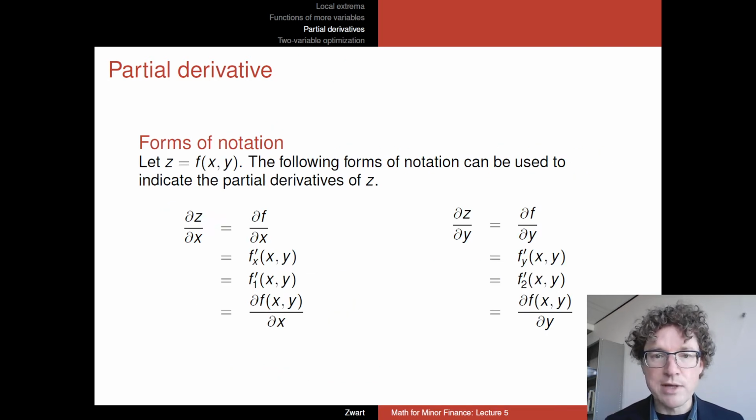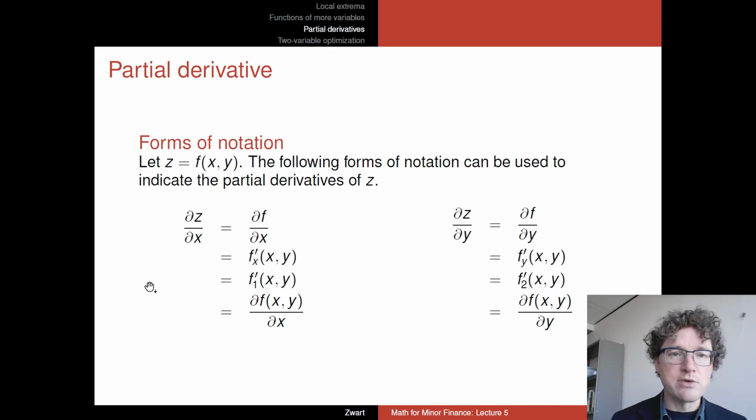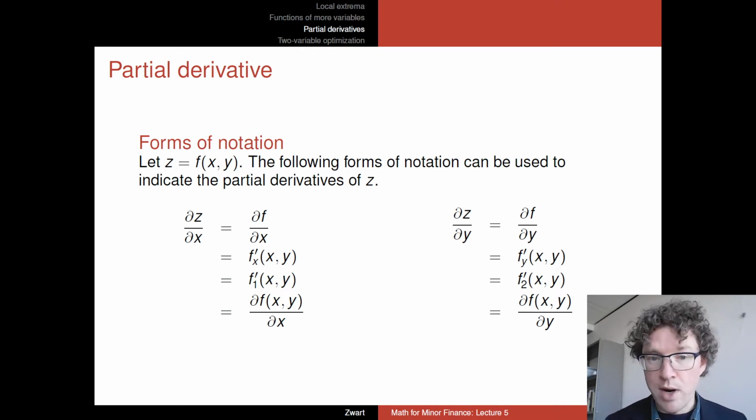Let's have a brief look at notation. I just introduced it. If the function z equals a function of x and y, thus the height z is a function of x and y, then equivalently we might write with these curly d's dz over dx, which is the same as df dx, and sometimes we might write this as an f with an index x to make sure that it's the partial derivative in the x direction and not in the y direction.